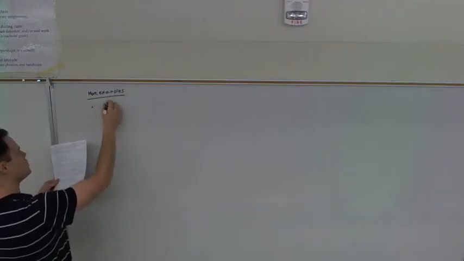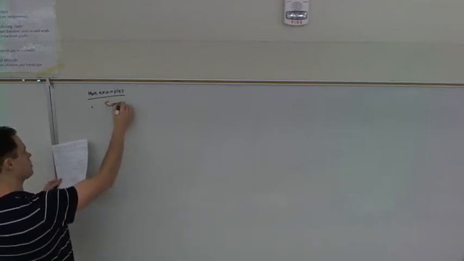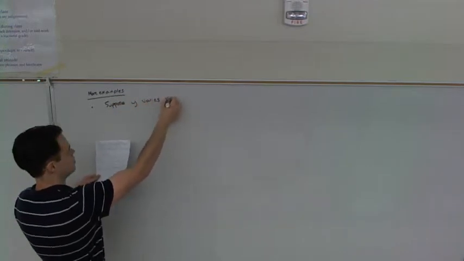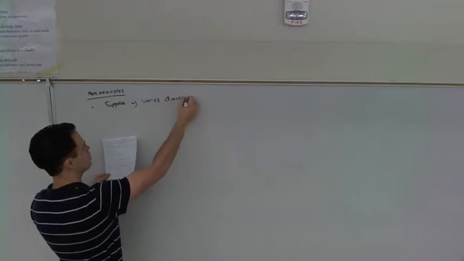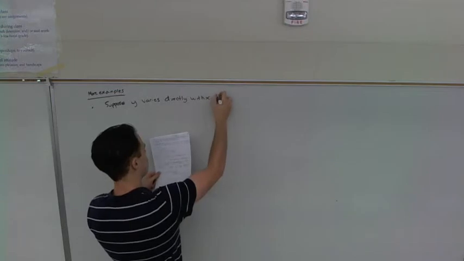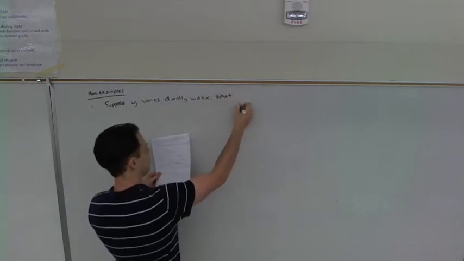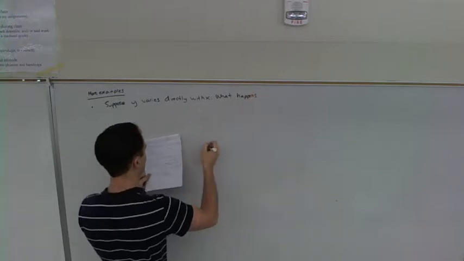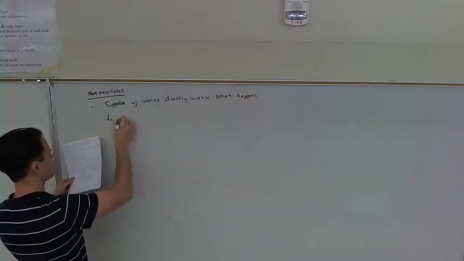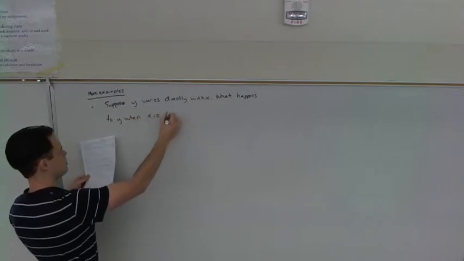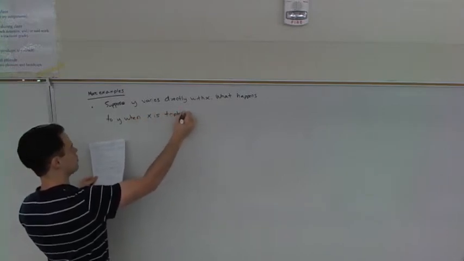So suppose y varies directly with x, nothing new. My question is, instead of giving you concrete information, what happens to y in general when x is tripled?